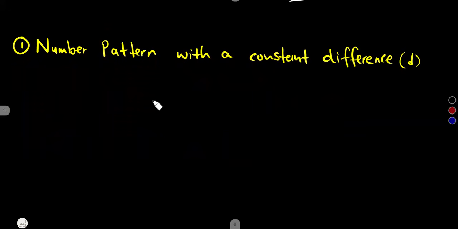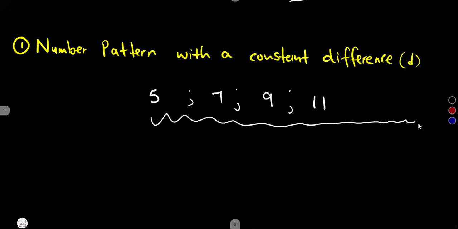Let's say we are given 5, another number following is 7, another is 9, another is 11. These numbers are going on, but they are following a certain rule.